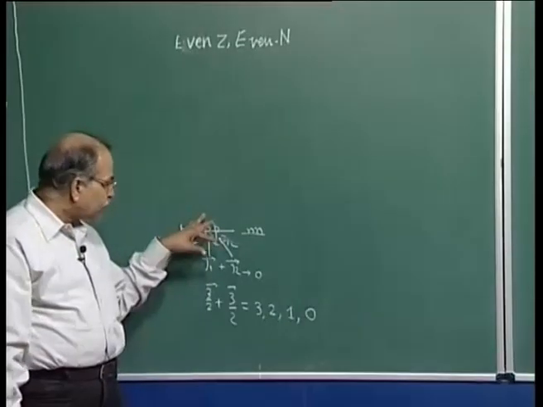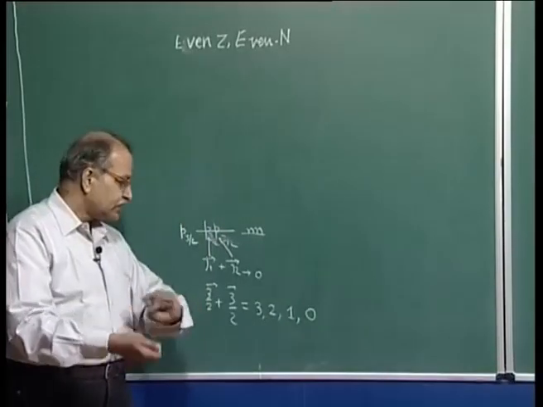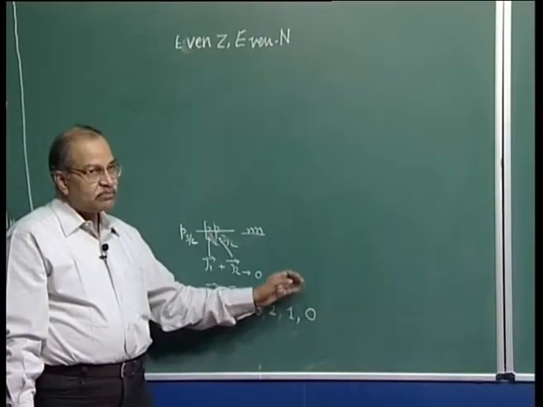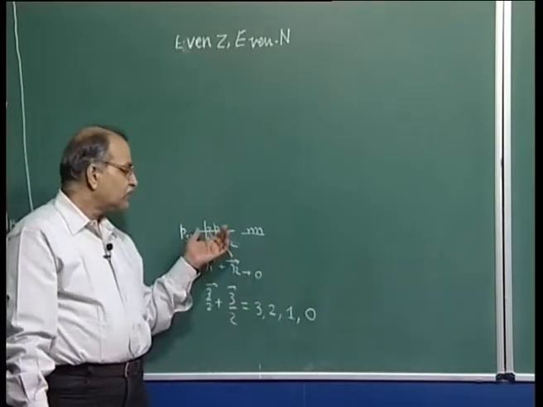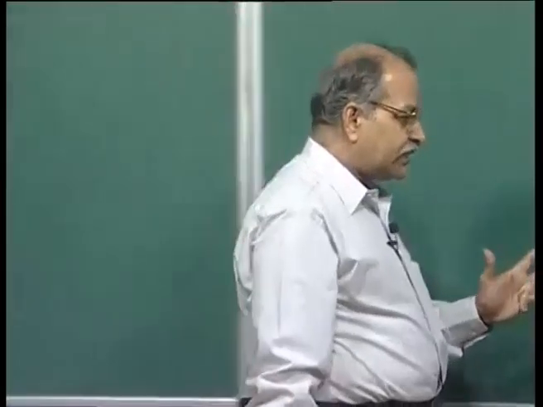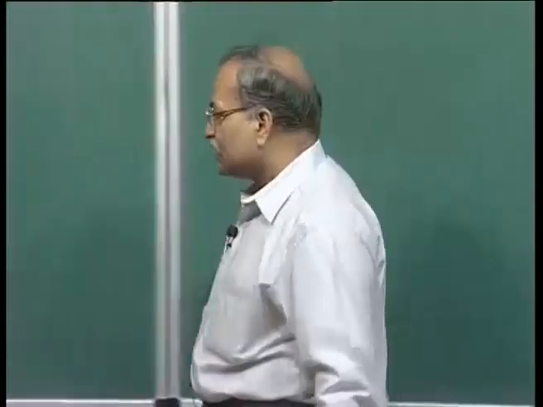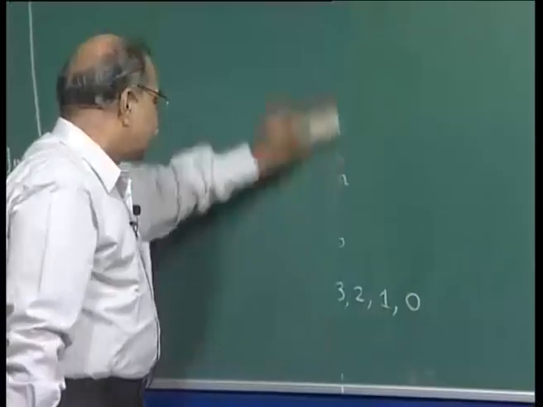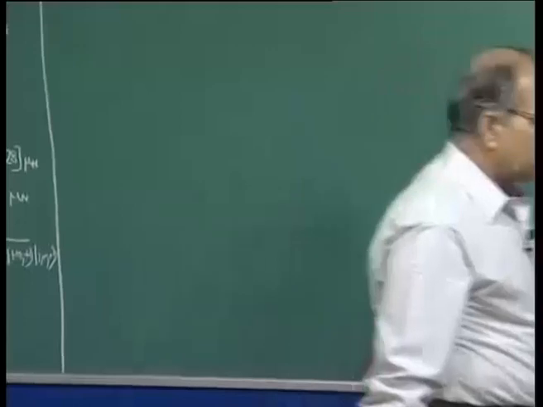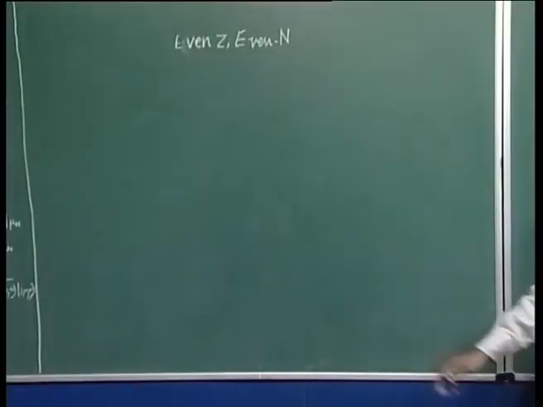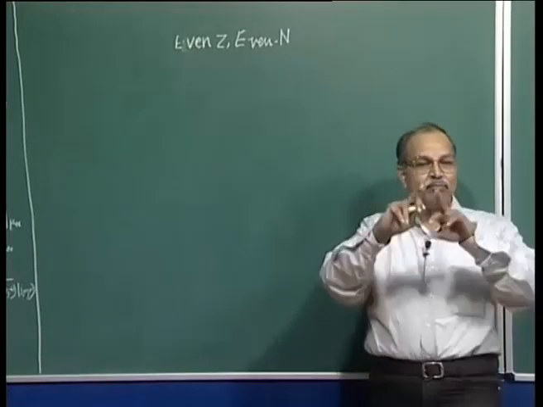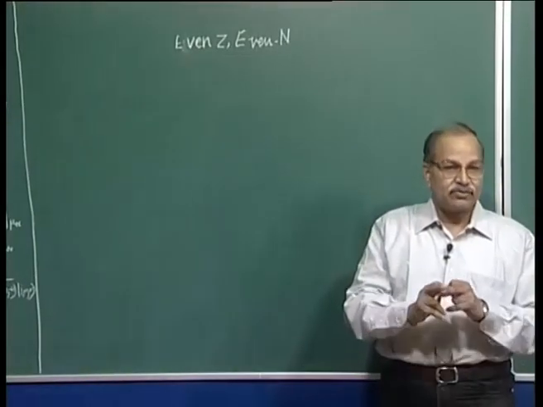So, their Z components are just opposite each other, that is also 0, and therefore the magnetic moment coming from this pair is also 0. Right. So, when the nucleons are paired, each pair contributes 0 magnetic moment, and this is even Z even N, so the total magnetic moment of this nucleus is also 0.